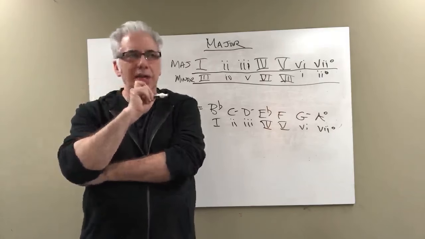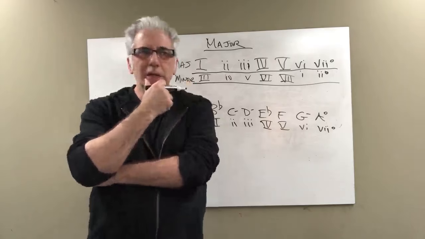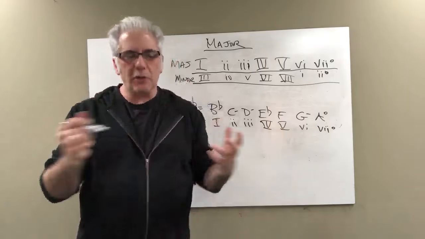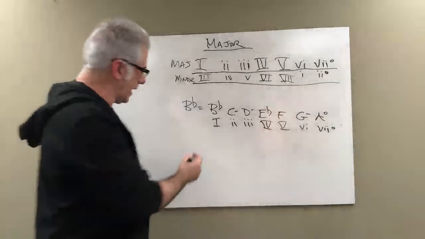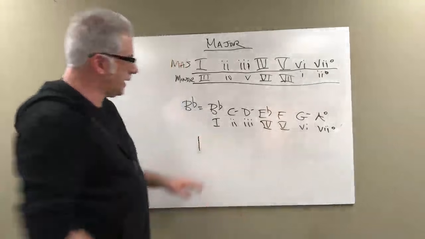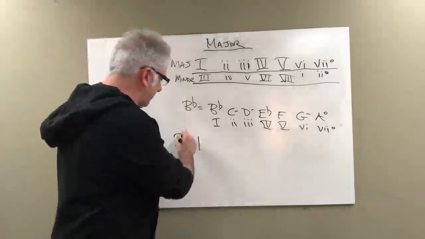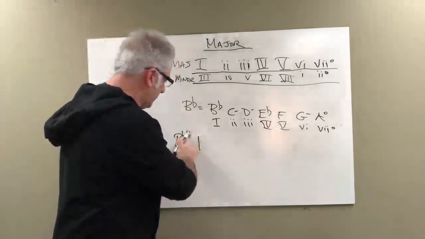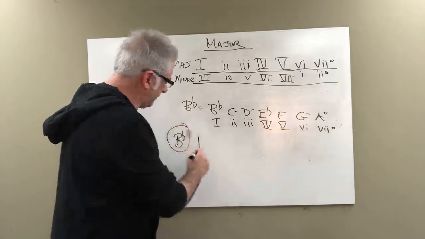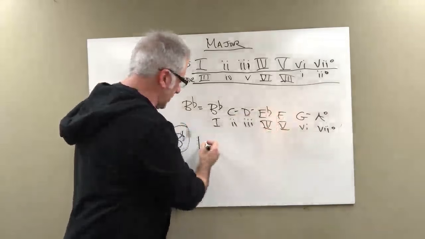And we're in the key of B flat major. So I'm the leader, so I write out a lead sheet. We're in B flat major, and I go 4 chord, which is going to be E flat.